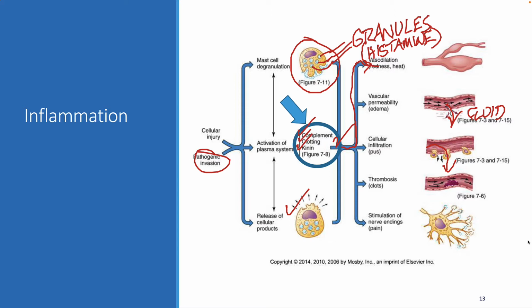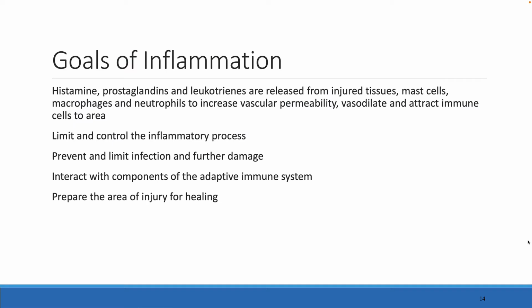And of course, when we have all these things, the vascular permeability, the cellular infiltration, and the thrombosis, that all adds up to pain. And the stimulation of the nerve endings results in pain. So what are the goals of inflammation?